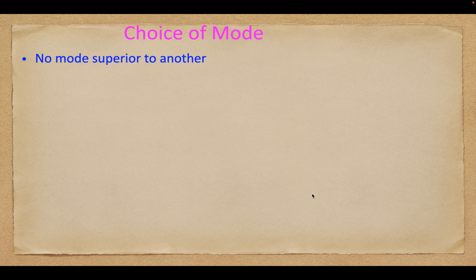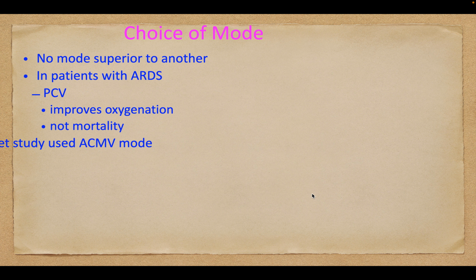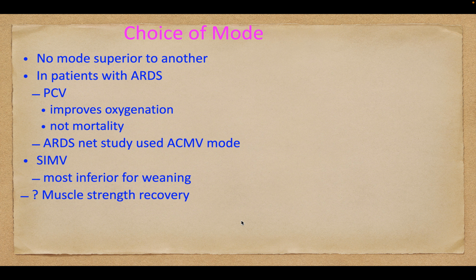And to start with, if you are choosing a mode, remember there is no mode which is superior to another. But in patients of ARDS, there have been huge data which has shown that the assist control volume control mode, which was extensively used, improves the oxygenation, but it actually did not affect the mortality.